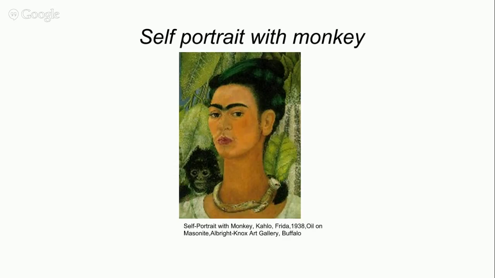And this next piece is Self-Portrait with Monkey. As you see, that's Frida there, and the monkey around her neck and in the background is the same color as her hair, so it almost blends in. It's in the image, but she is definitely in the forefront, and you almost kind of notice the monkey in the background.